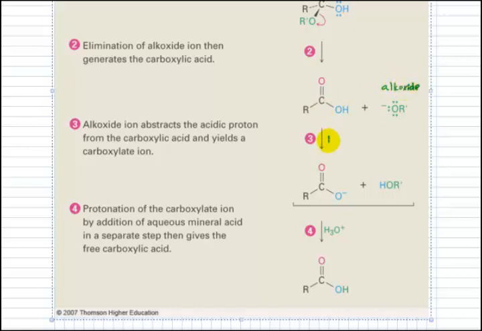but there's a very fast proton transfer, because carboxylic acids are more acidic than alcohols. The carboxylic acid has a pKa of 5, the alcohol a pKa of 16. So what's going to be favored, since the carboxylic acid is a stronger acid, is that it will donate its proton to the alkoxide.